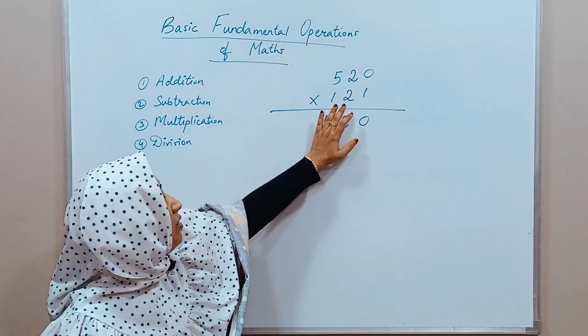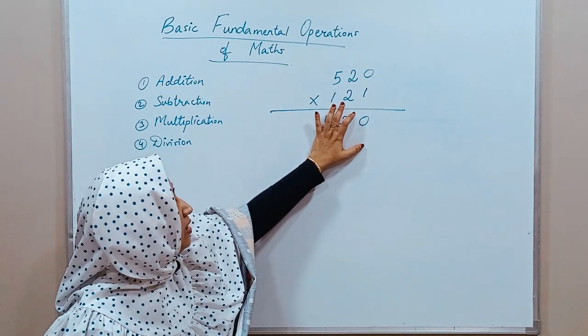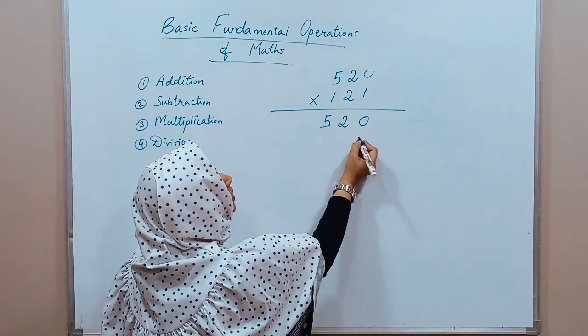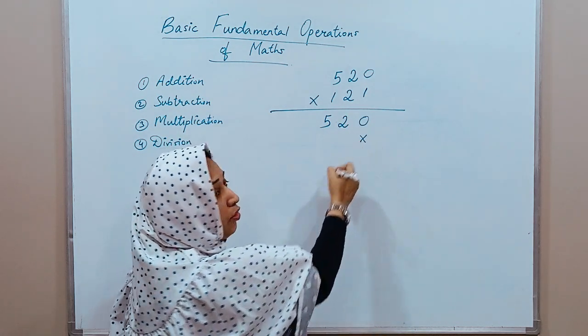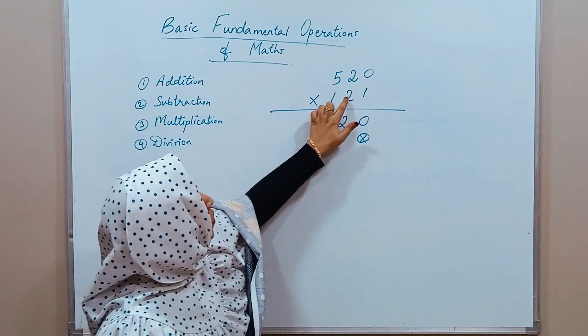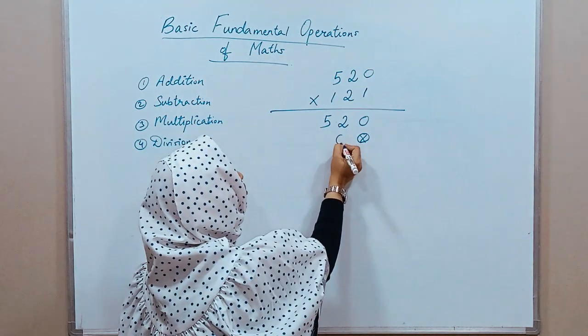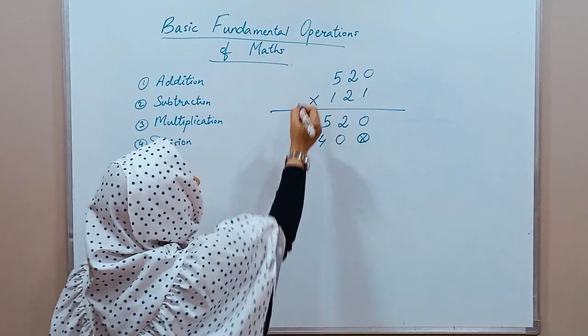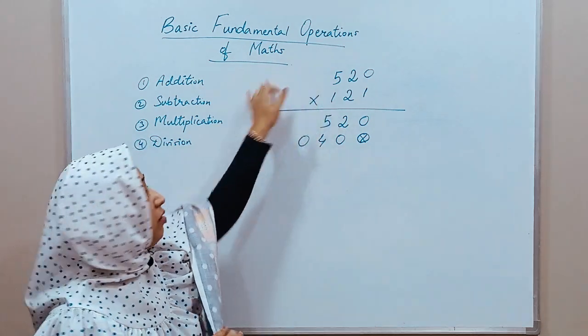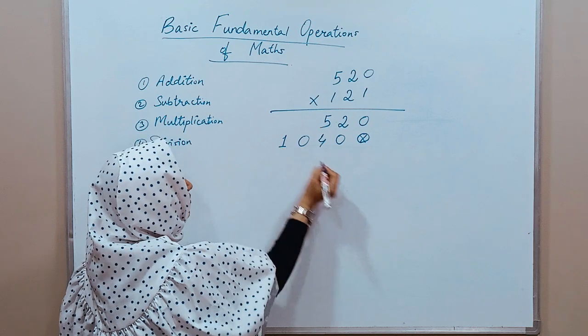Now going to the next digit towards the left, that is 2. So 520 into 2. So before multiplying, we will put a cross or a 0 here. Now 2 into 0 is 0, 2 into 2 is 4, and 2 into 5 is 10. Now since we do not have any other digit here, so we will put 1 here itself.